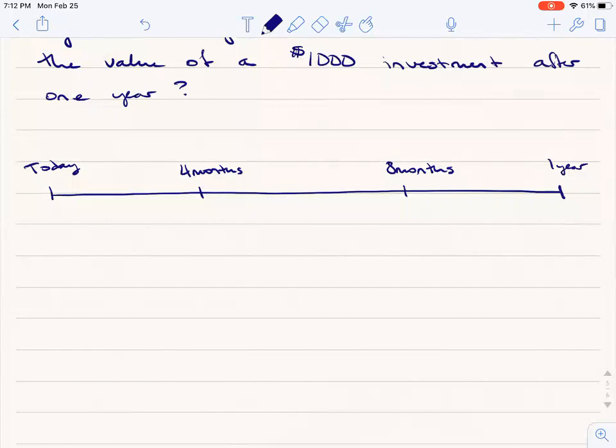What this might look like, and I wouldn't make you do a timeline for this, it's just to show you what's happening, is we would invest our $1,000 and it would sit there for the first 4 months, which has a time of 4 months out of 12 and a rate of 0.05. That was the initial rate.